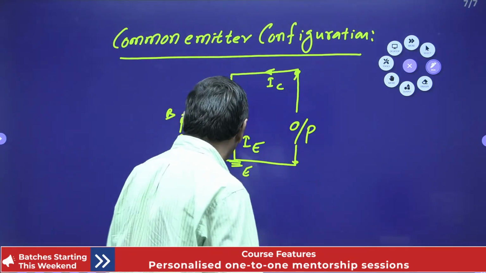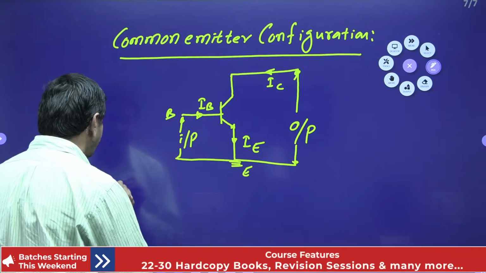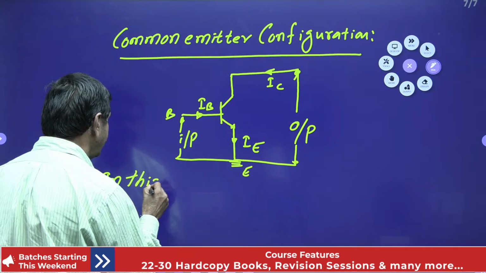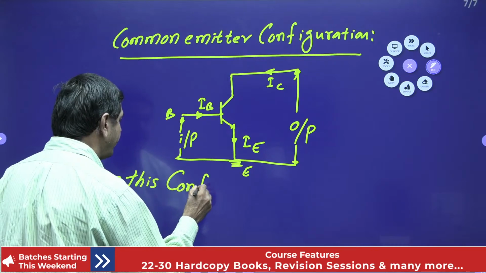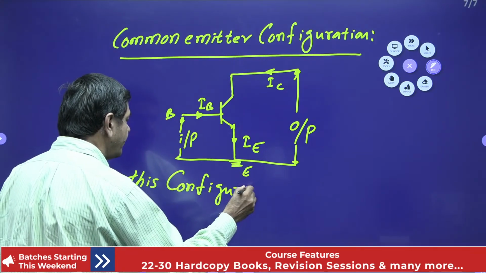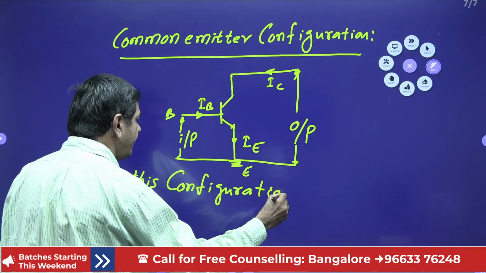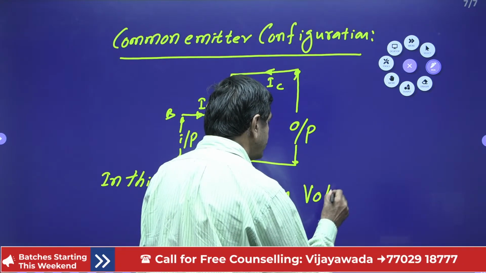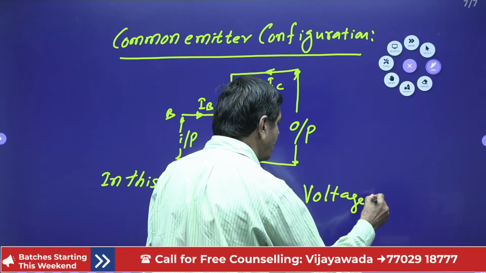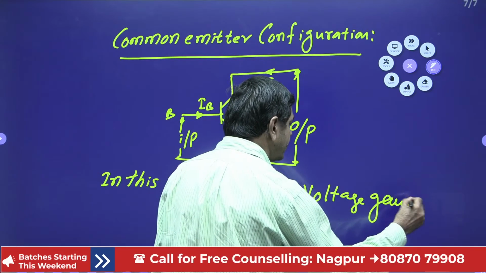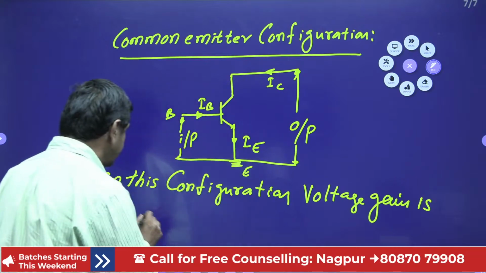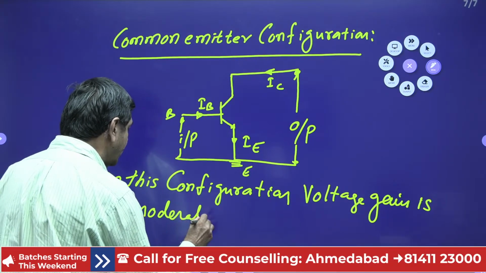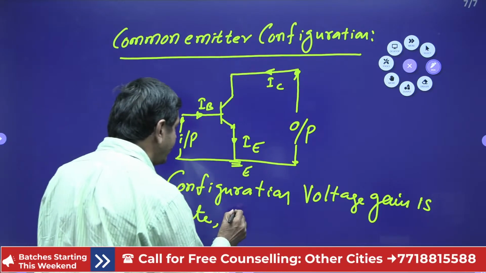That's why we can write one point here. In this configuration, voltage gain is moderate. We need to maintain this moderate. Voltage gain is moderate. Current gain is moderate.